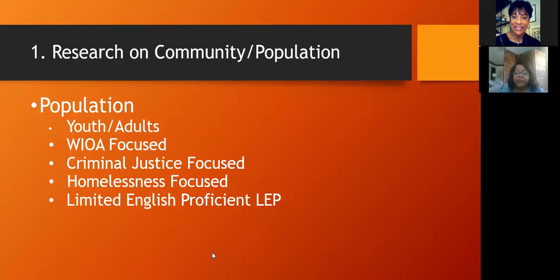The next group, of course, to take a look at is the vocational rehabilitation individuals. There is a vocational rehabilitation requirement for all WIA funded programs.